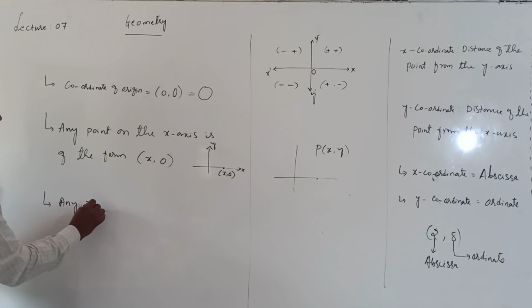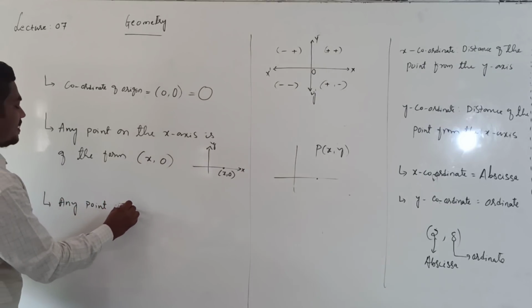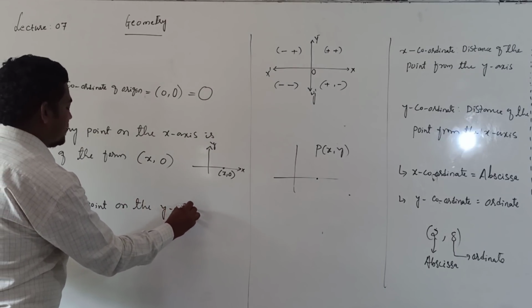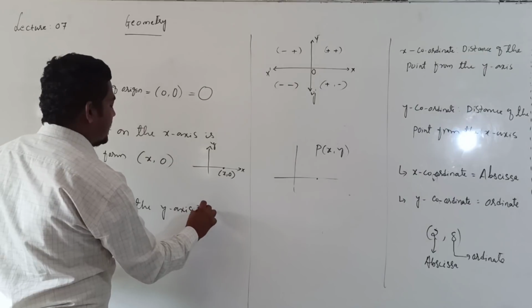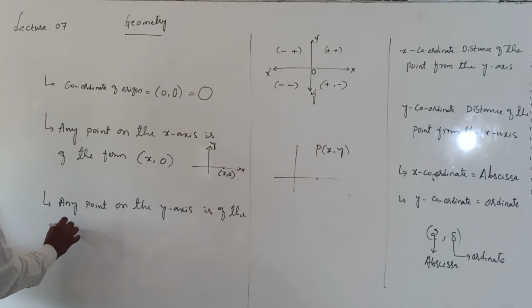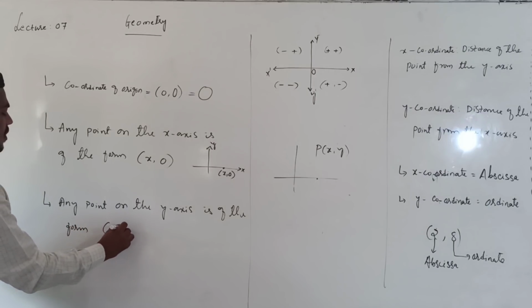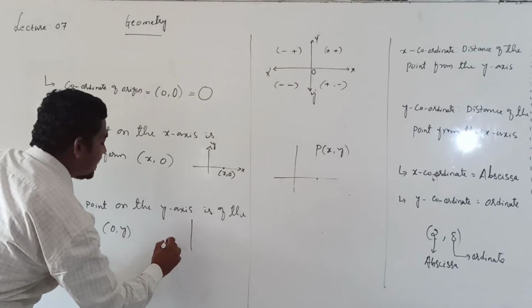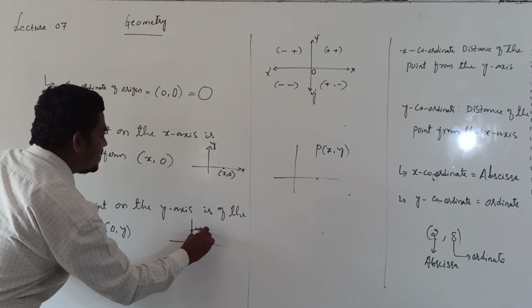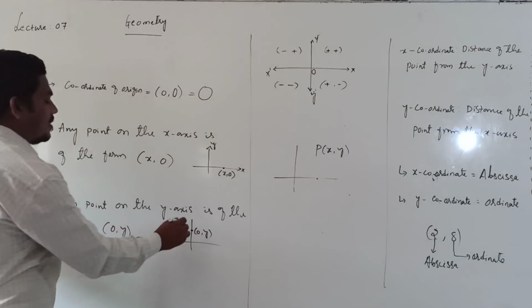Any point on the y-axis is of the form 0 comma y. If you take any point on the y-axis, x coordinate 0, y coordinate non-zero.